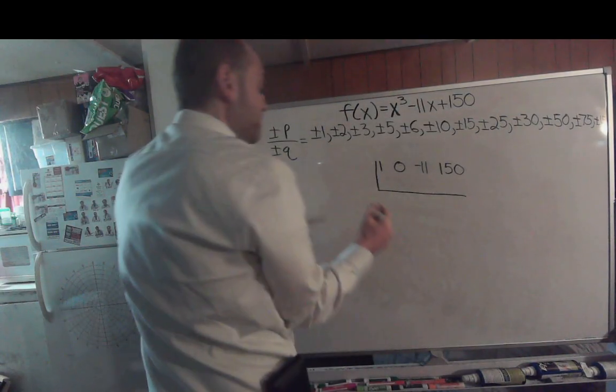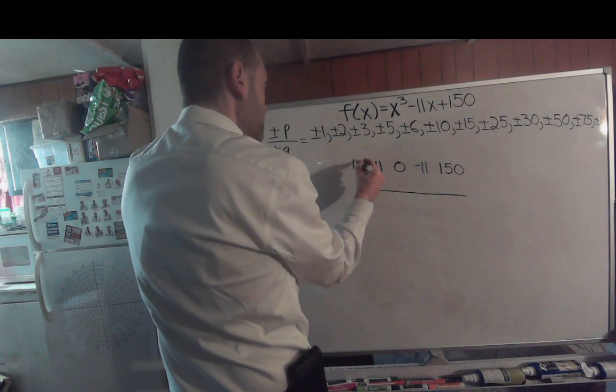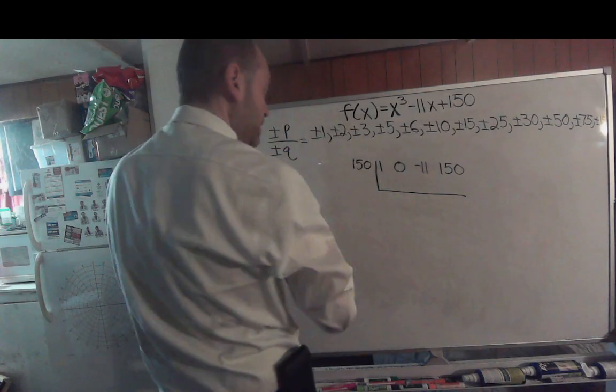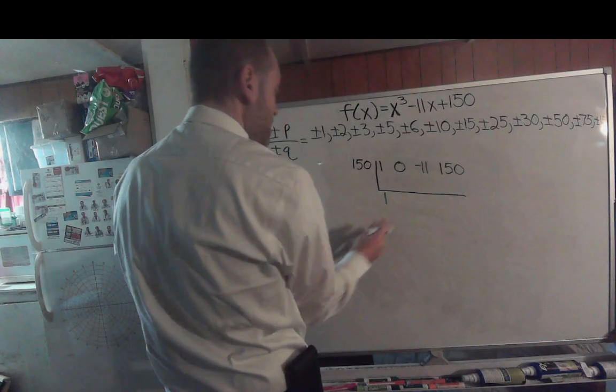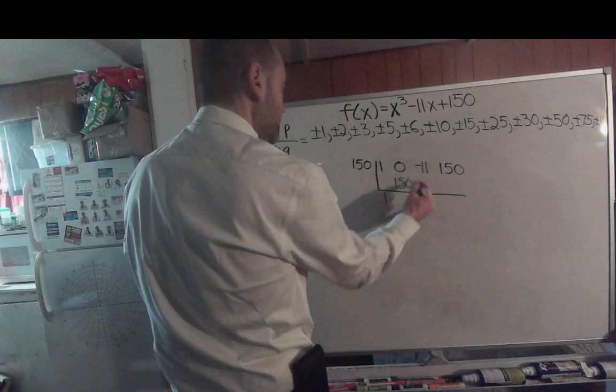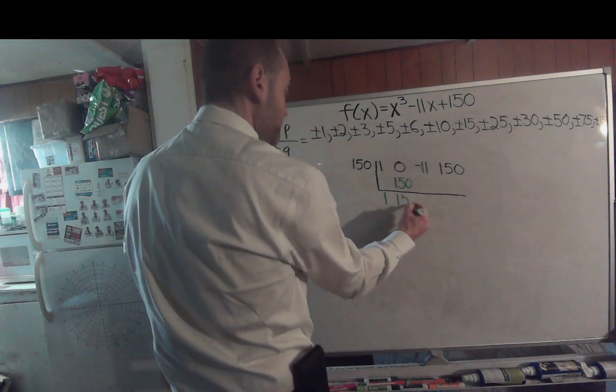Let's work backwards. Let's do positive 150. Bring down that 1. 150 times 1 is 150. 0 plus 150 is 150.